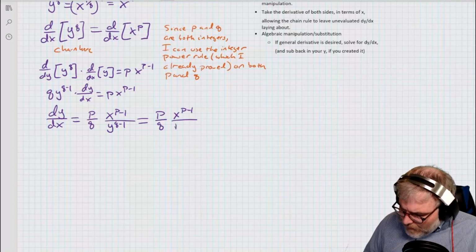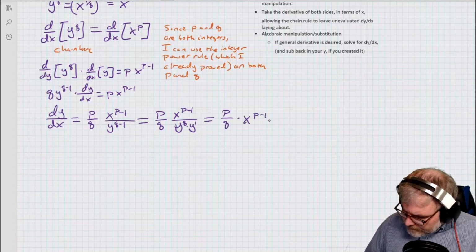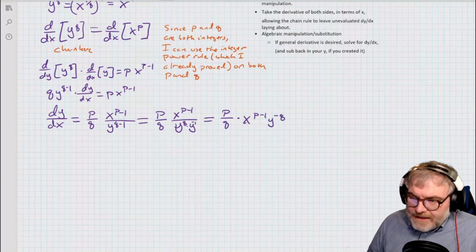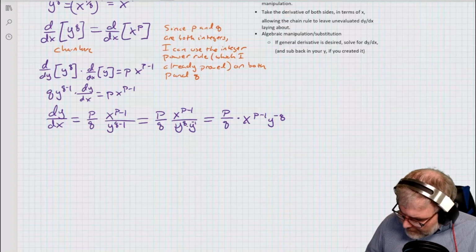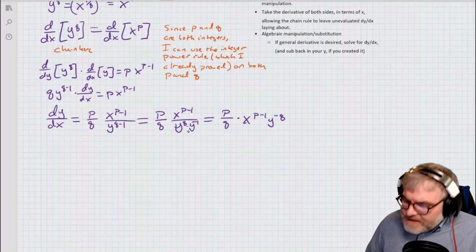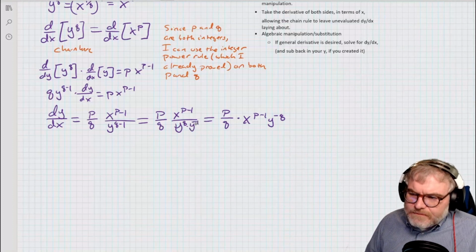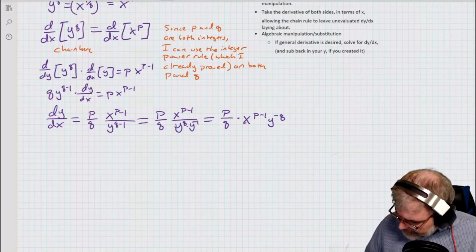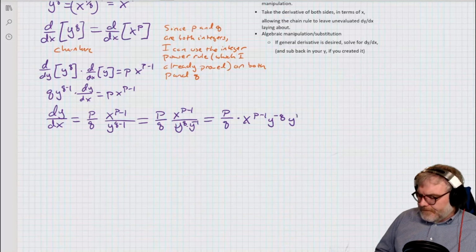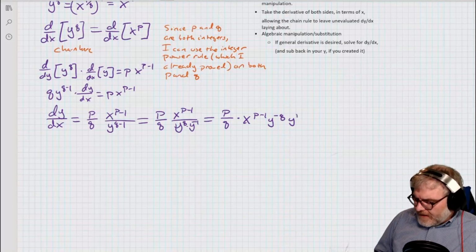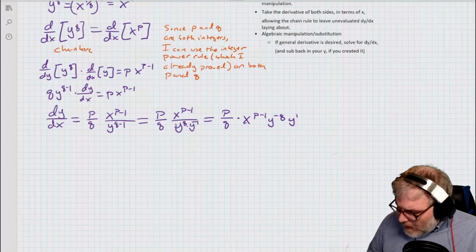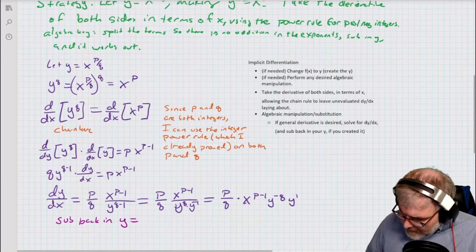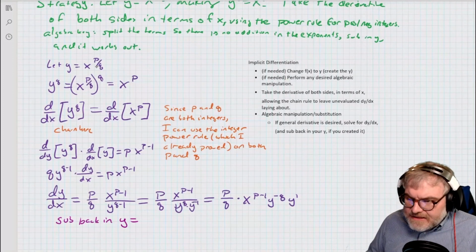This right here is y to the q times y to the negative first, because it's y minus 1. Well, when I move it up to the top, the minus 1 becomes just a 1. Okay. Now what I'm going to do is sub back in y. And y was x to the p over q.